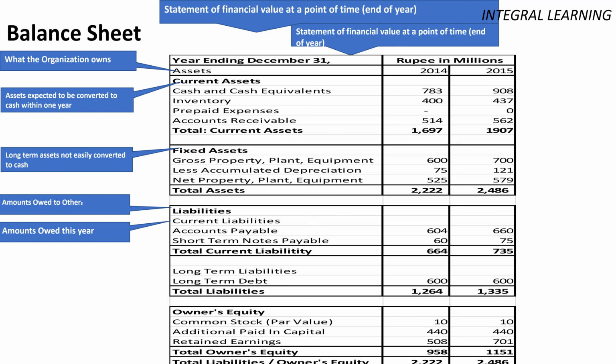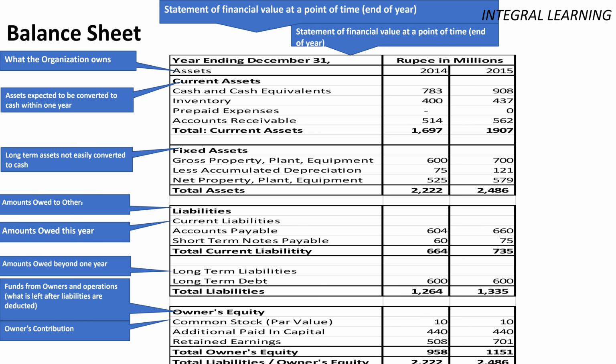Then are the liabilities. Liabilities also are two types, current liabilities and long-term liabilities. Current liabilities are amounts owed this year which we have to pay this year. And long-term liabilities are amounts which we have to pay beyond 1 year. Then is owner's equity, funds from owners and operations, what is left after liabilities are deducted.